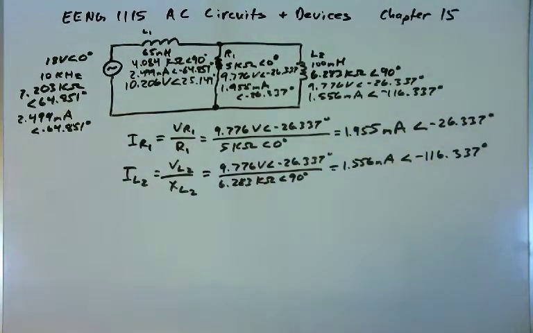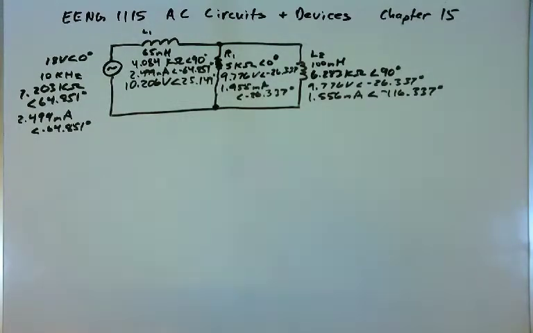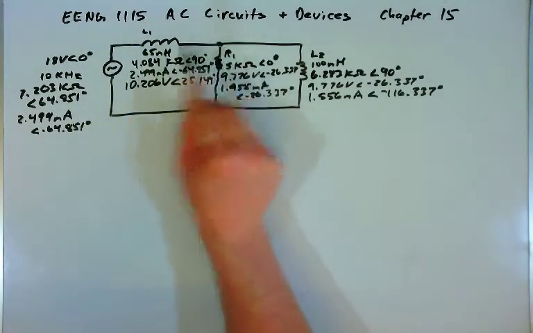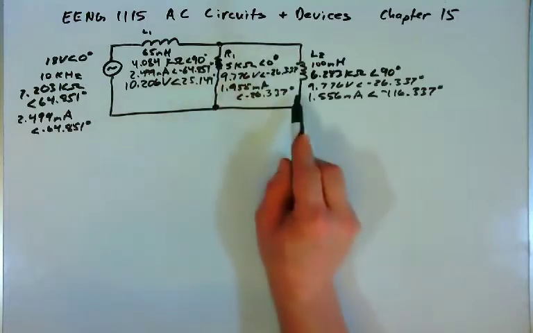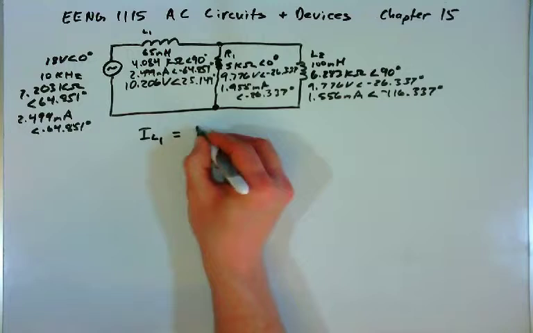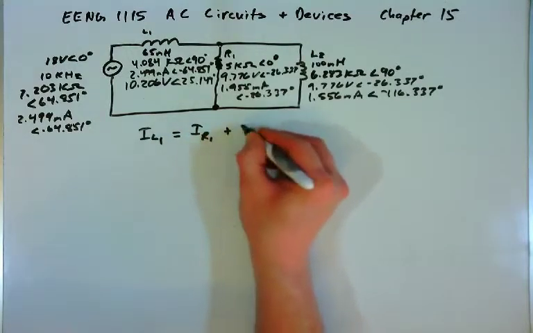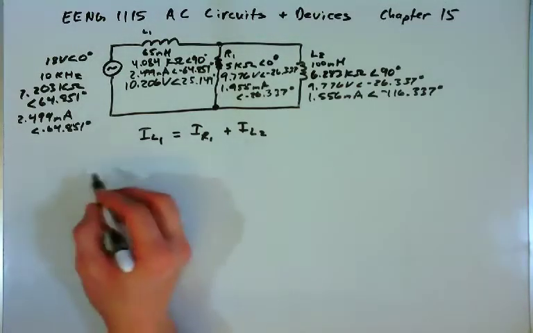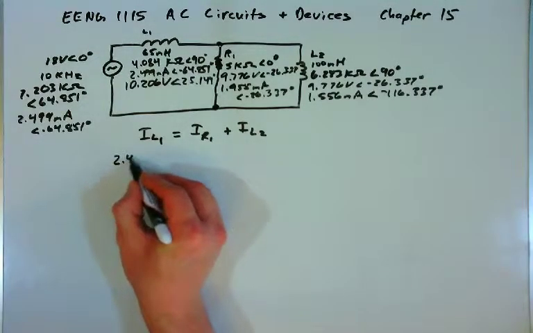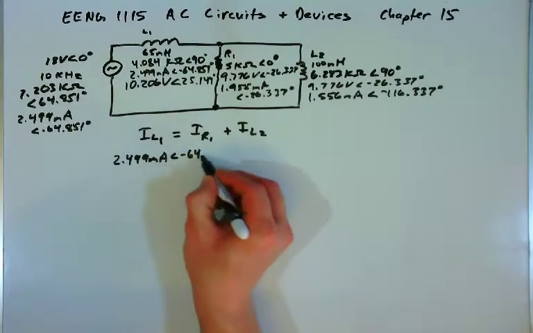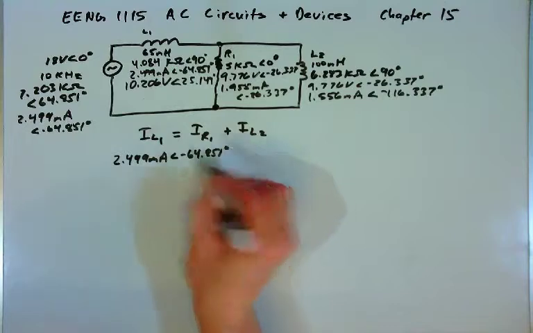Now that we know the currents everywhere in the circuit, we're going to want to check our answers using Kirchhoff's current law. We have current in L1, and when that current reaches a node, it will split. Some of the current goes through R1, some of it goes through L2. So the current through L1 should be equal to the current through R1 plus the current through L2. We'll check our answers this way. We have 2.499 milliamps at an angle of negative 64.851 degrees.